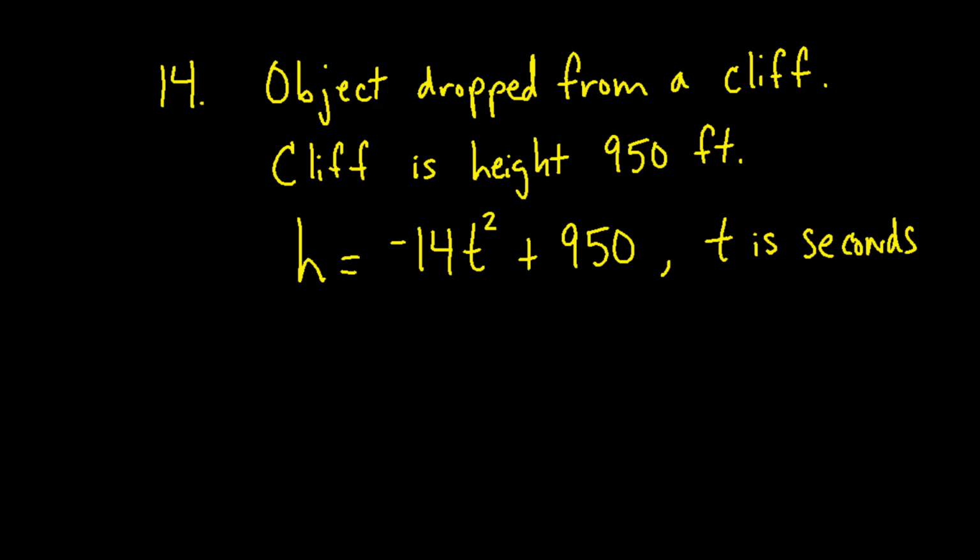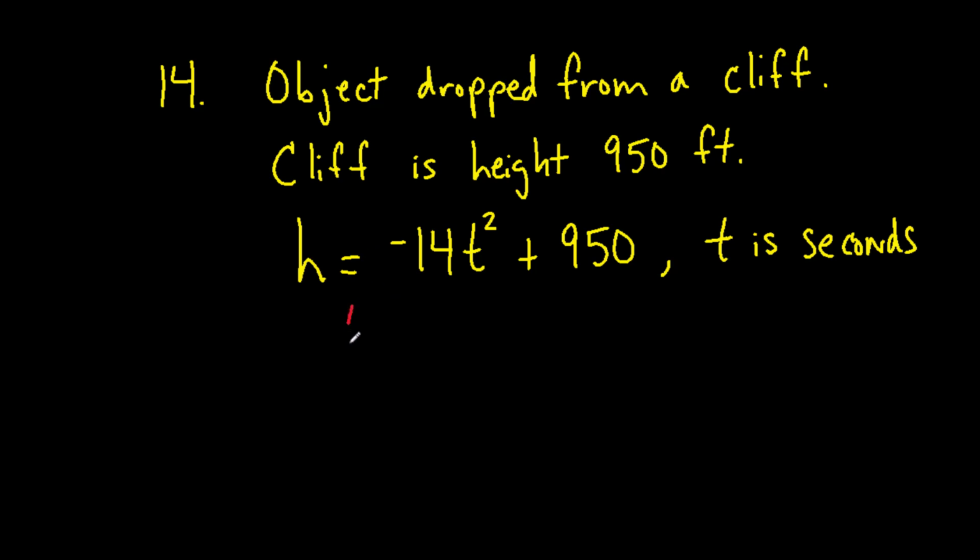Problem number 14 involves an object being dropped from a cliff. The cliff is height 950 feet, and the height at any given time of the object is represented by the polynomial negative 14t squared plus 950, where t is how many seconds after the object was dropped. The question is asking us to find the height of the object at 2 seconds after it's dropped.